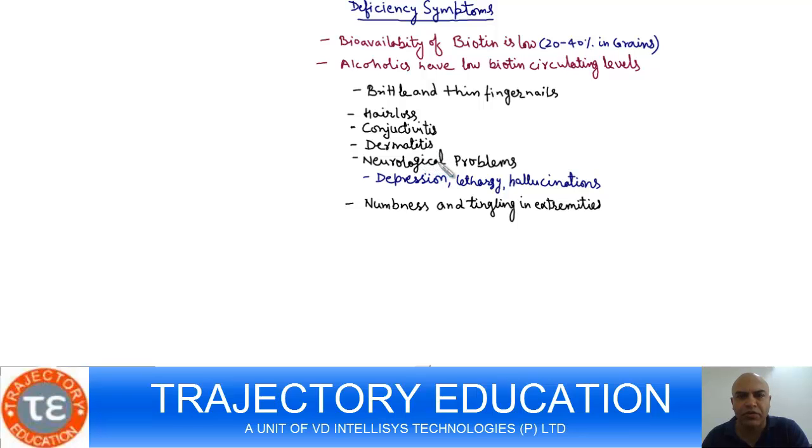It can lead to neurological problems also, like depression, lethargy, and hallucinations. Another very interesting symptom is numbness and tingling in the extremities, that is in the hands or the feet.